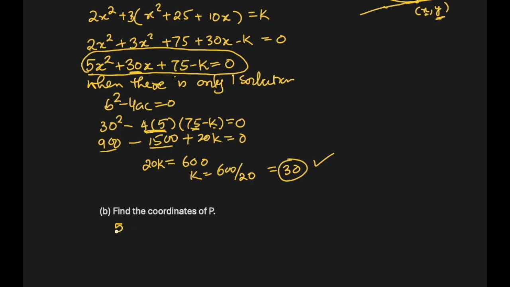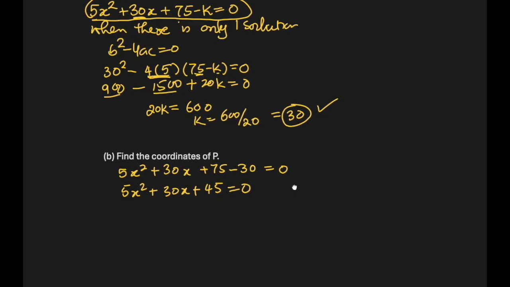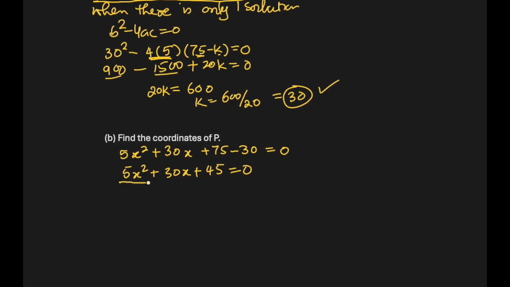So it will be 5x square plus 30x plus 75 minus 30 equal to 0, which is 5x square plus 30x plus 45 equal to 0. All of them are multiples of 5, so let's divide the whole equation by 5.